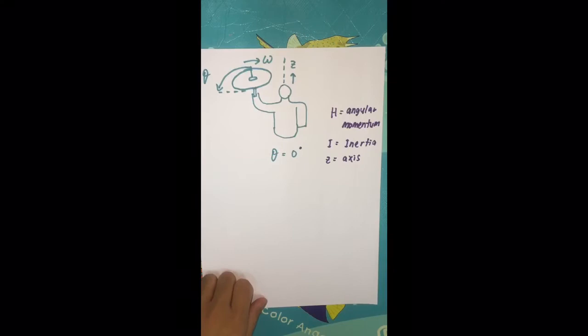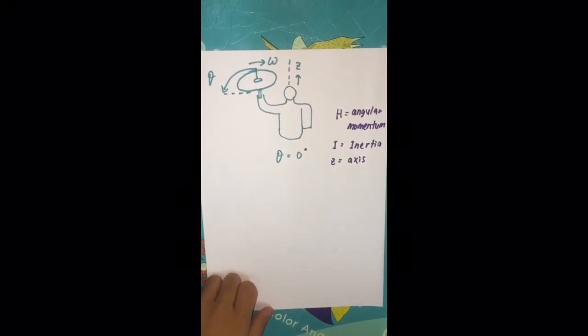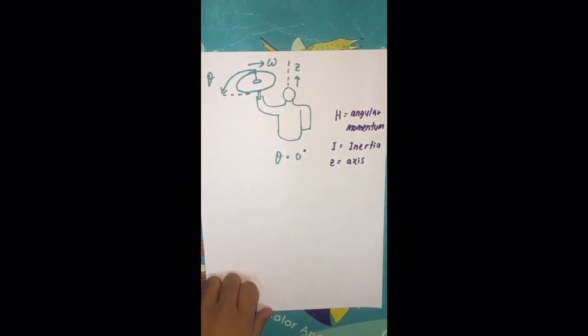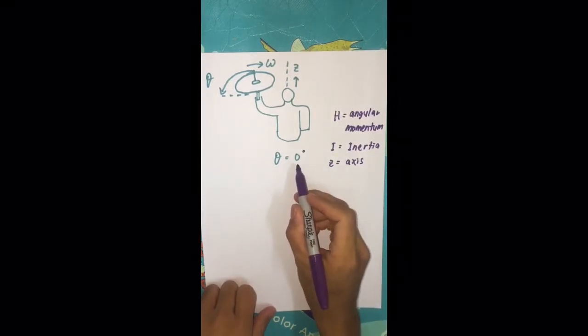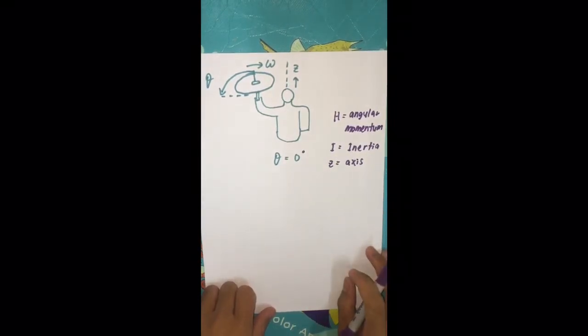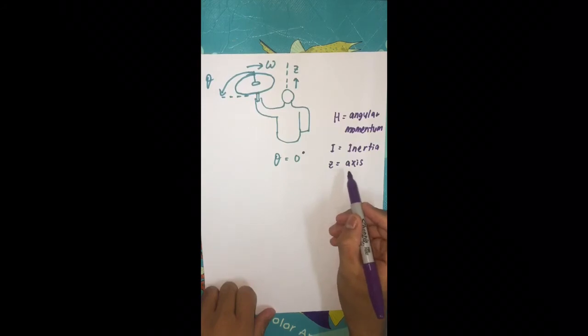For question number 6, we have 3 situations to prove the man's angular velocity. The first situation is when he holds the wheel upright at theta equals 0 degrees. H is angular momentum, I is inertia, and Z is the axis of the man.